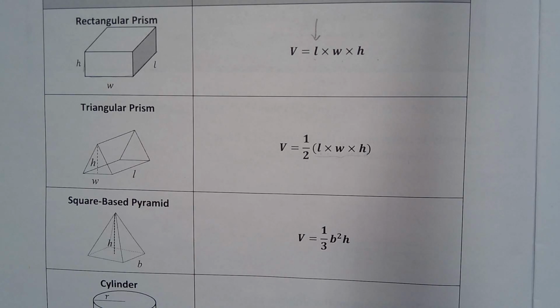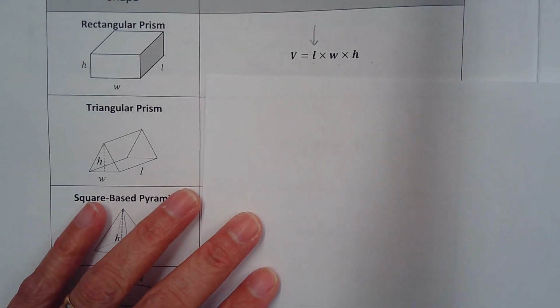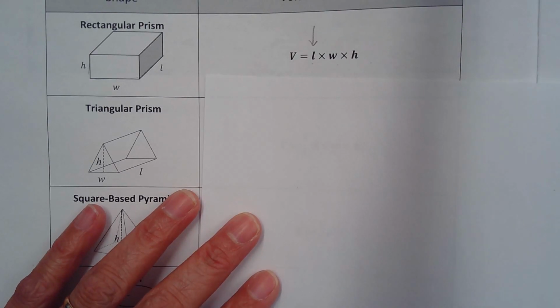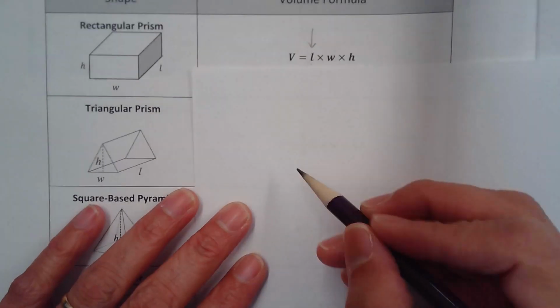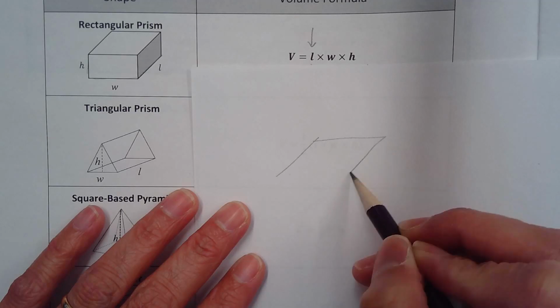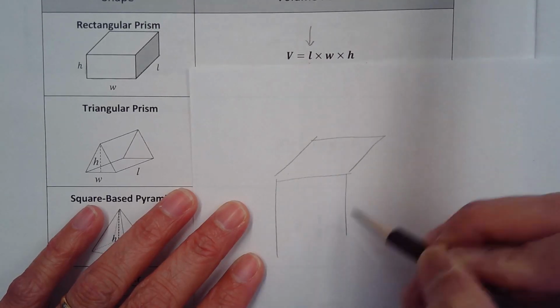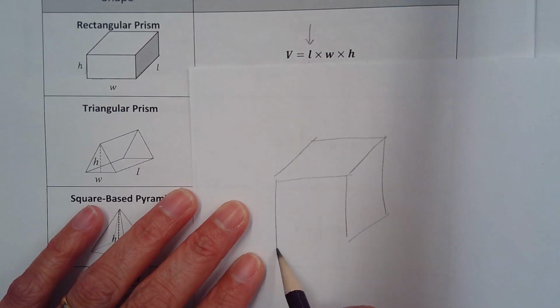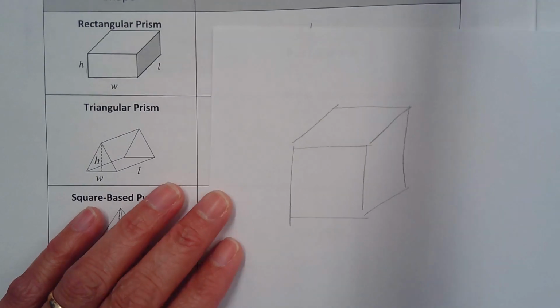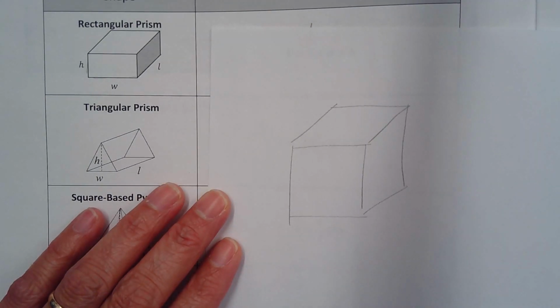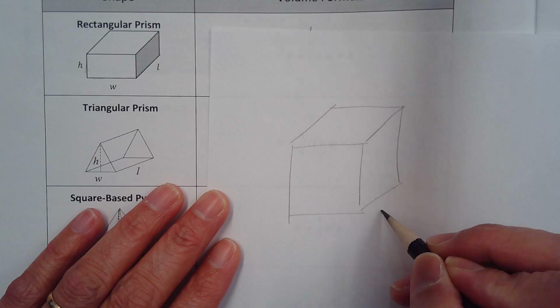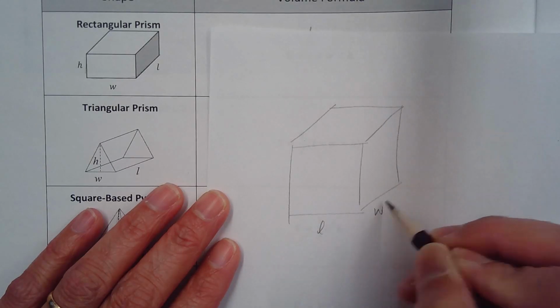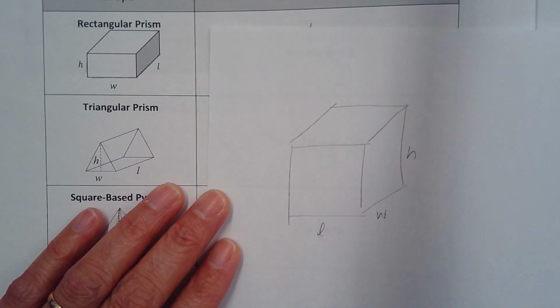I did practice. So here's what it's going to be. You don't have to do it, okay? I just want to show you why it's a half. So I started off with a rectangular prism like that. Okay, so you get the length, the width, and then the height.